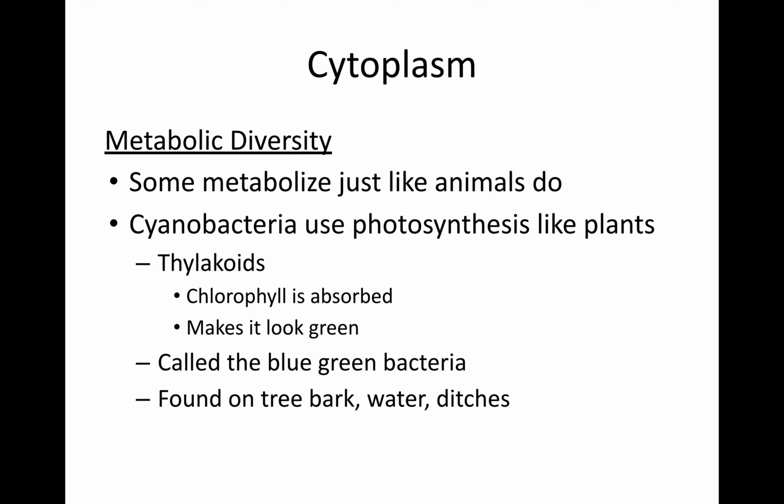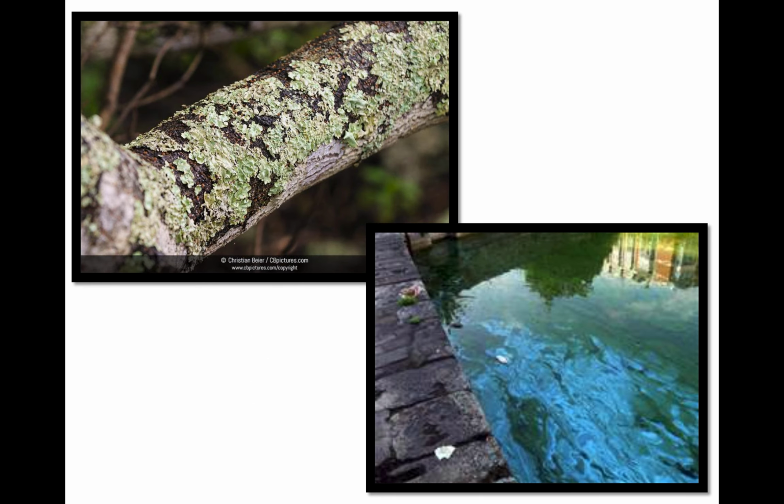These thylakoids have little photosystems on them that absorb this chlorophyll up, and they get filled up with chlorophyll, and it makes the plant appear green, or the cyanobacteria appear green. Sometimes people call this cyanobacteria blue-green bacteria or blue-green algae. Sometimes they get confused. You can also find cyanobacteria on tree bark, water, and ditches. So here's some pictures of some types of cyanobacteria.